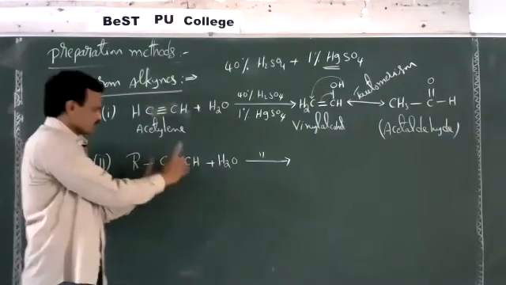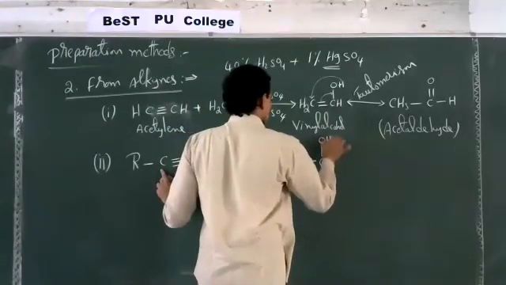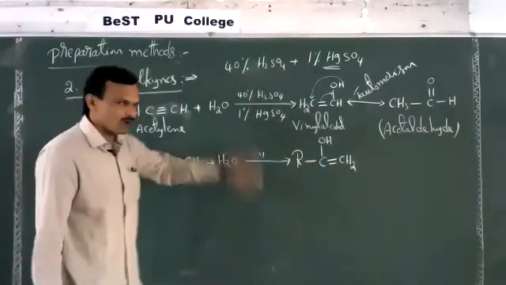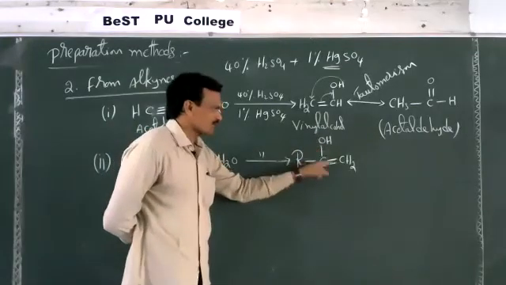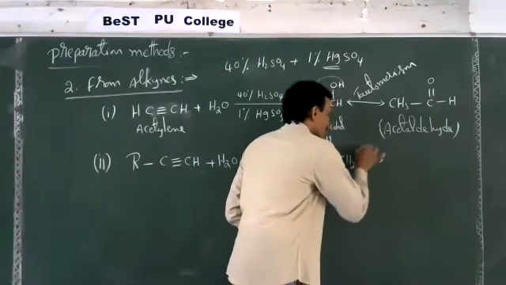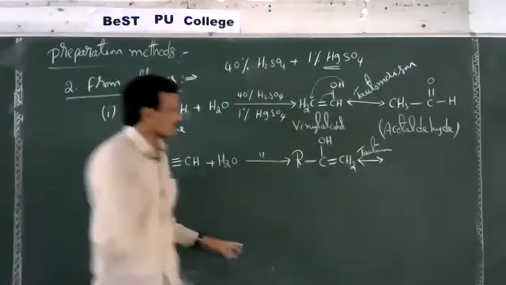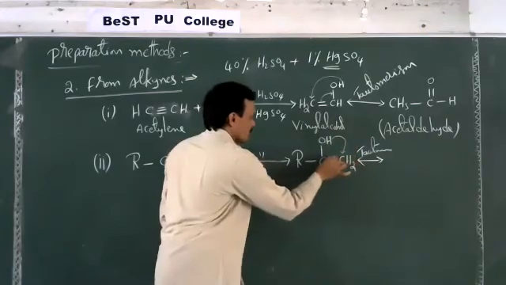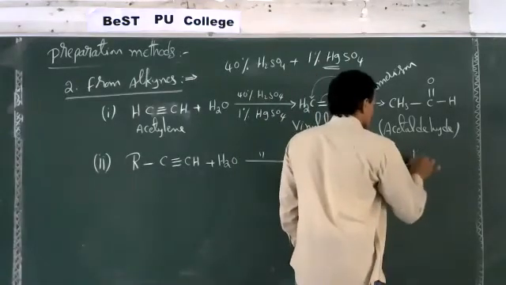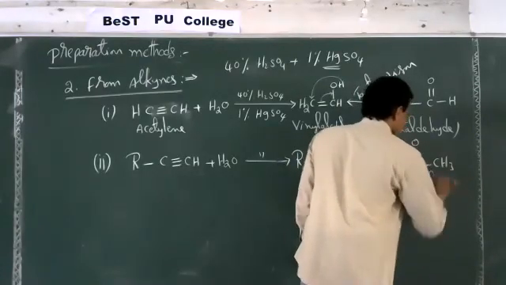Then we get R COH double bond CH2, an enol. This enol undergoes tautomerism just like earlier. Hydrogen shifts to this carbon, and the pi bond shifts to here. Then this becomes R CO CH3. What do you get here? A ketone.